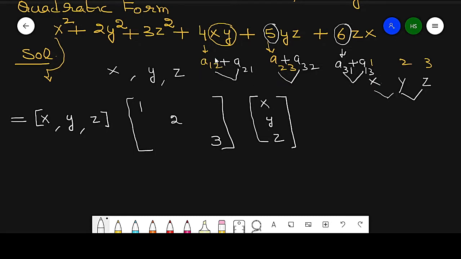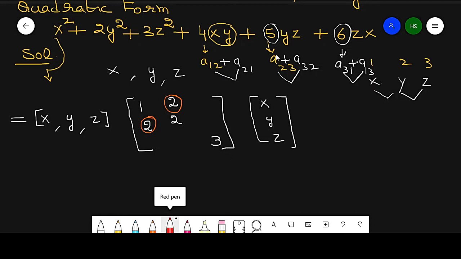So what is its value? It is the half of this. So A12 is 2 and A21 is 2, so divide it by 2. So this is A12 as well as A21.